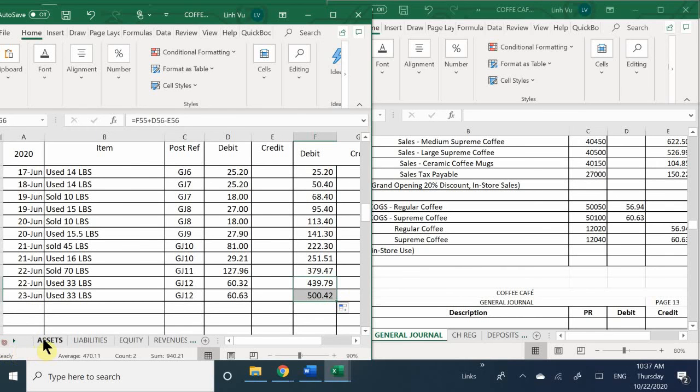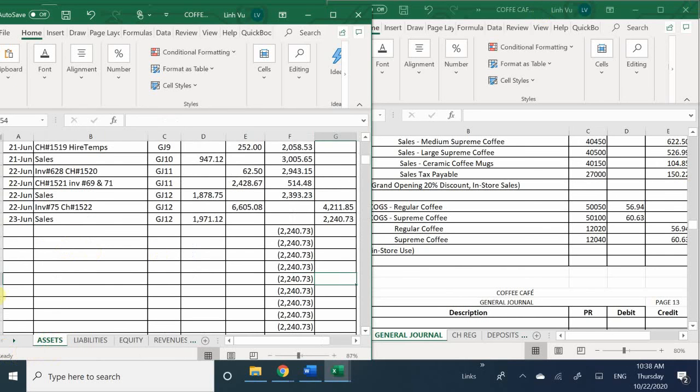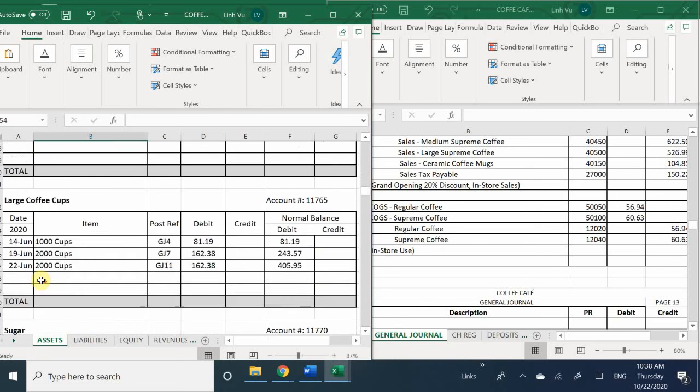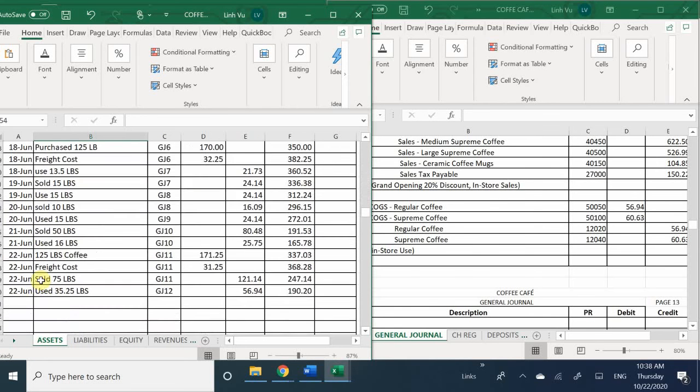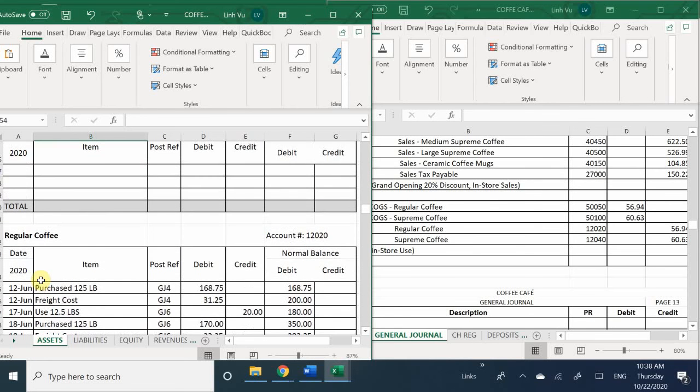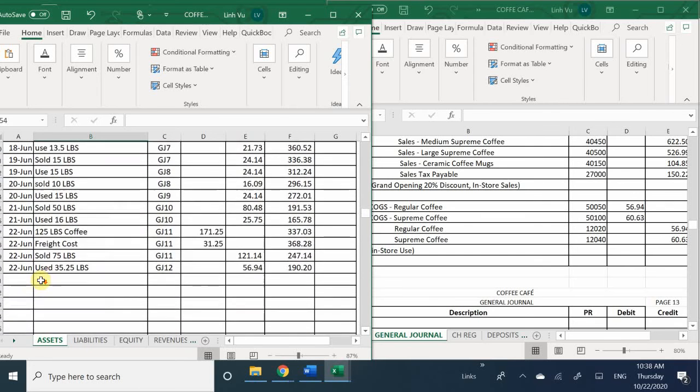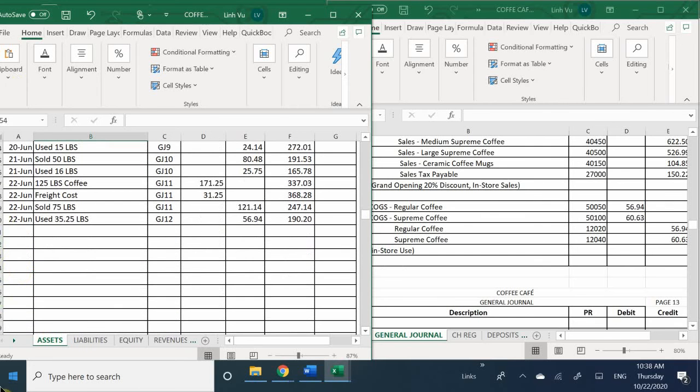All right. Lastly, let's update our inventory. So here I'm at regular coffee, 623. I used 35 and a quarter. General Journal is also 12.